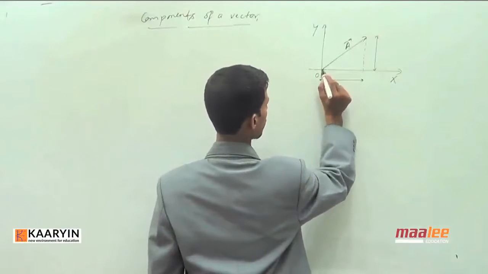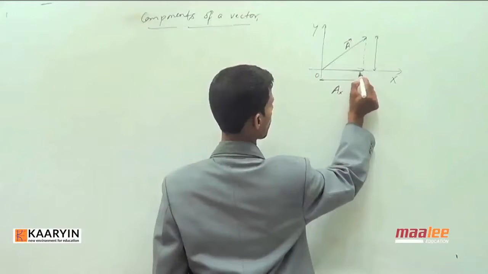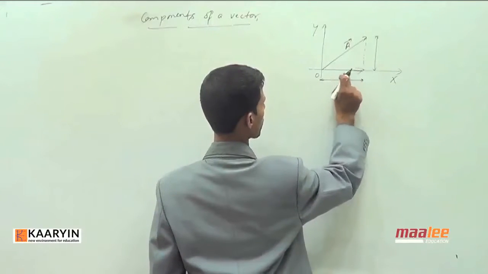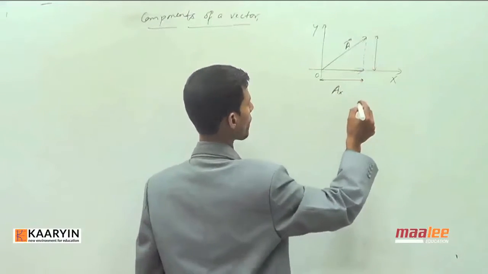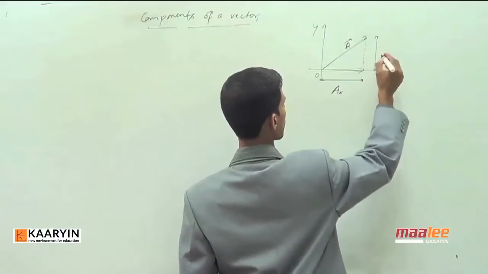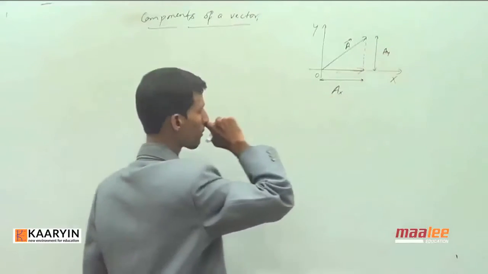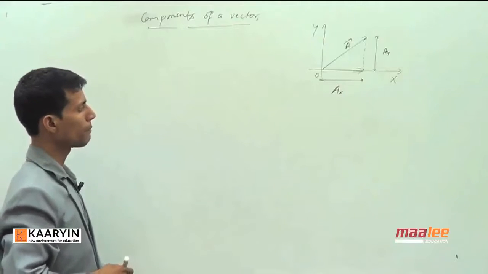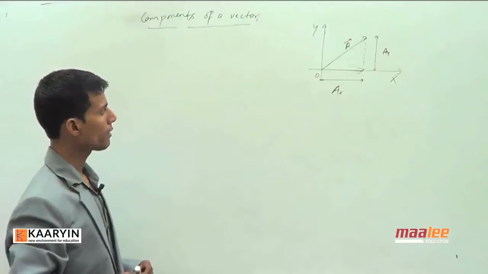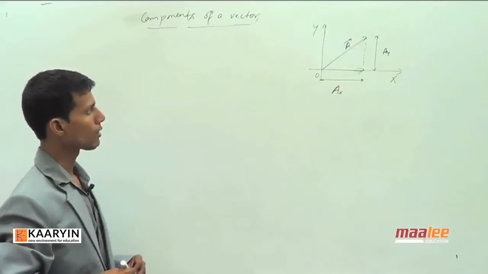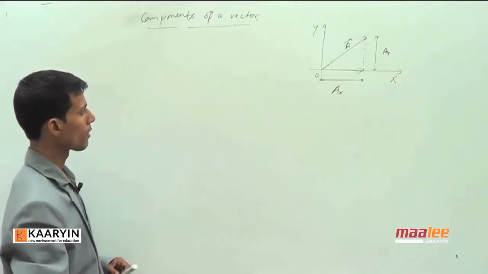This other length becomes Ay, which indicates the component of the vector A on the y axis.